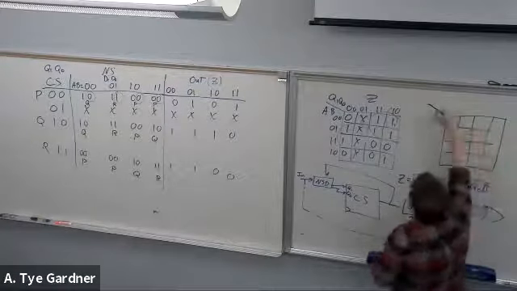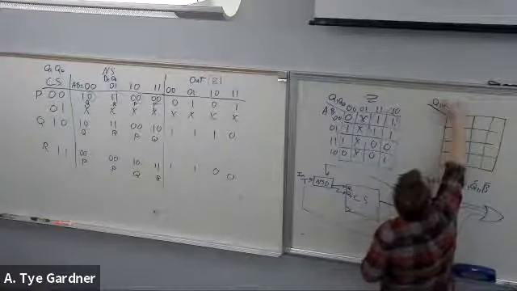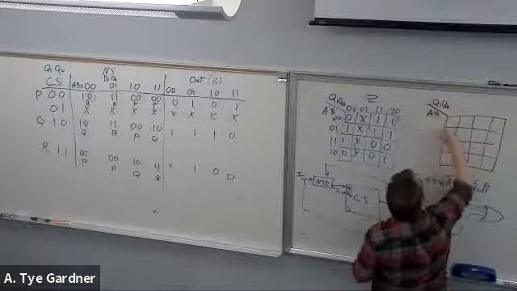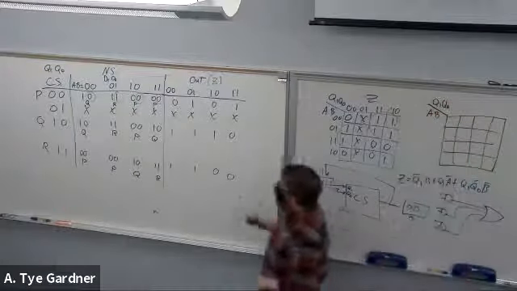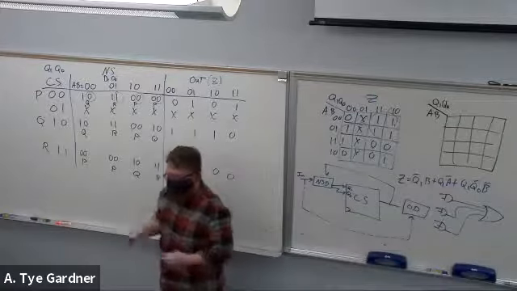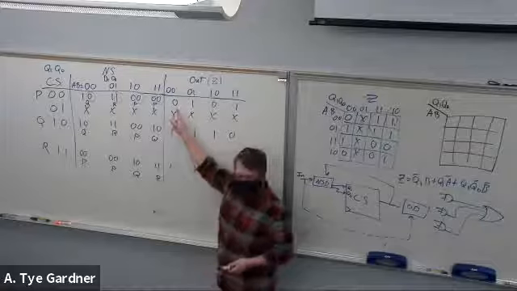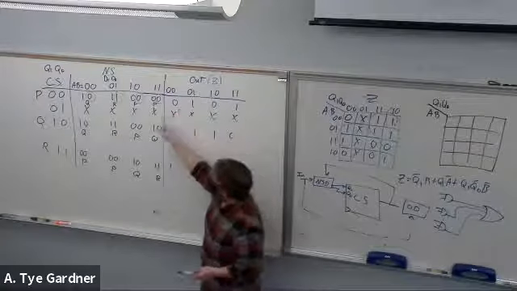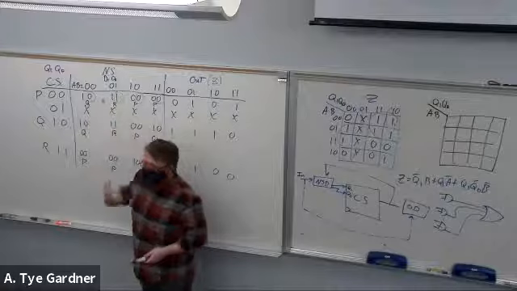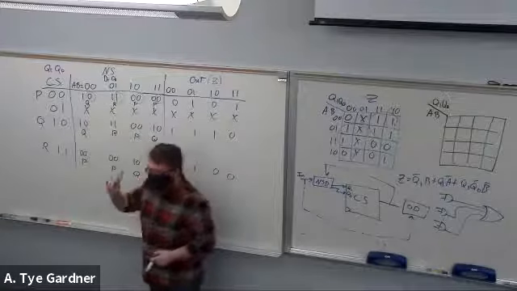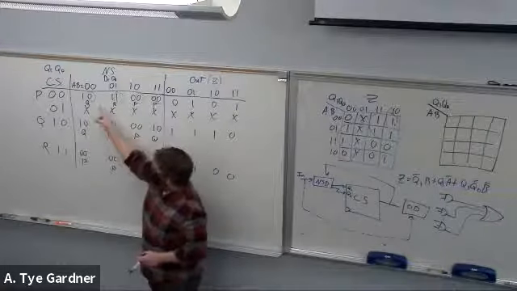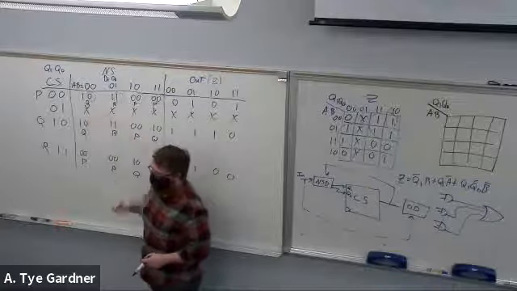But we care about the same thing, current state and input. And then we just say, well, what is our next state? Because last time we looked at what is our output. So now let's look at what is our next state. And more importantly, what is the first bit, our LSB of our next state?